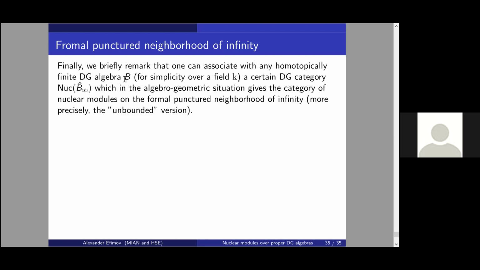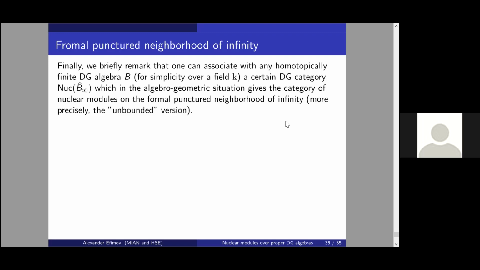When you take a homotopically finite DG algebra, let's say over a field, and you want to understand this nuclear category of the punctured neighborhood of infinity, which in the algebraic geometric situation gives the category of nuclear models on the formal punctured neighborhood of infinity. So you can compactify, and then you cut out the infinity locus, and the result doesn't depend on the compactification. So there's a well-defined adic space at infinity.